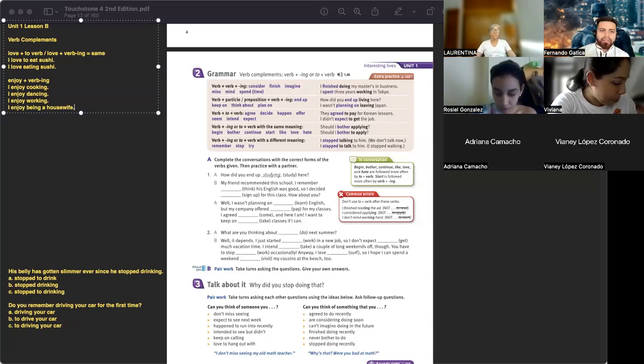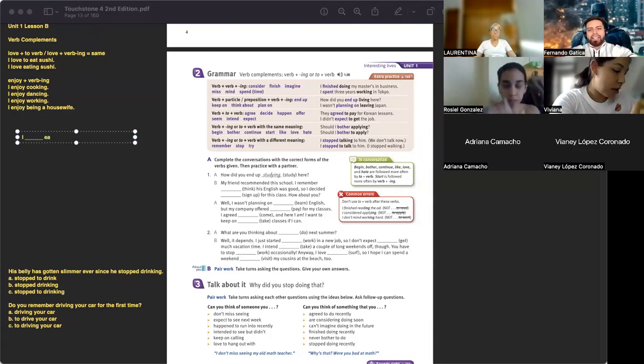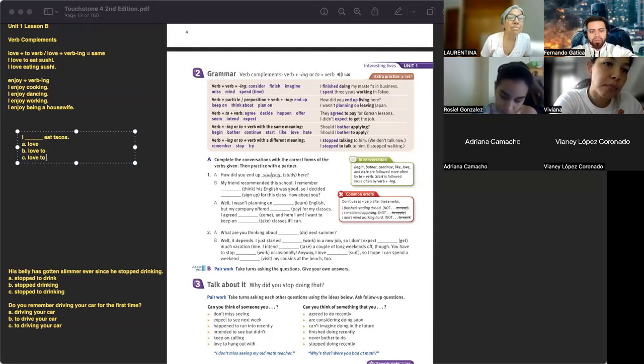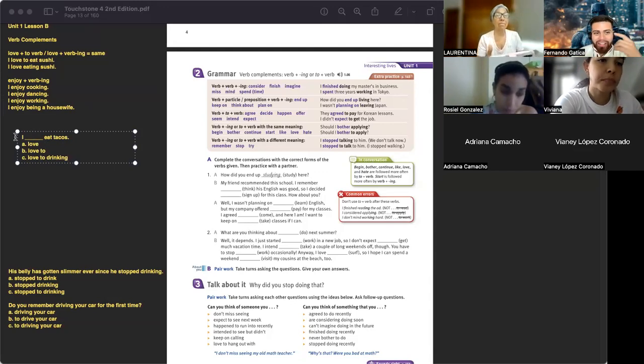So on the test, you're gonna have something like this. I blank eat tacos. You're gonna have A, love, B, love to, or C, loving. Obviously one is not correct, but what is the correct one?